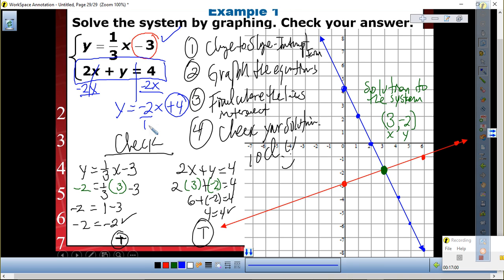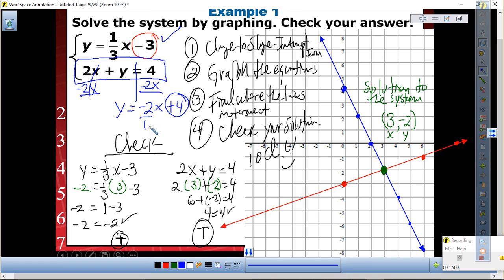Talk it over with your neighbor, please. Malia, what would be the best way to graph that equation? Cover-up method using the x and the y-intercept.